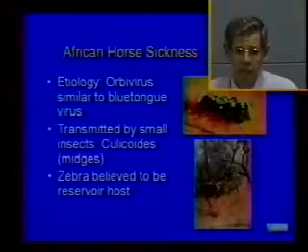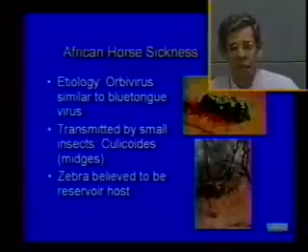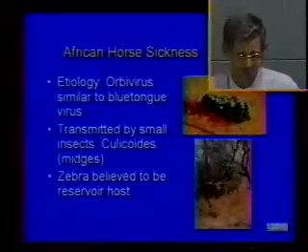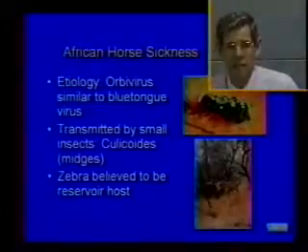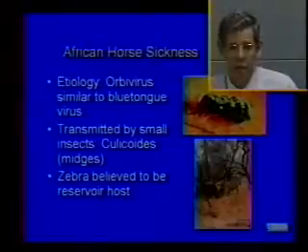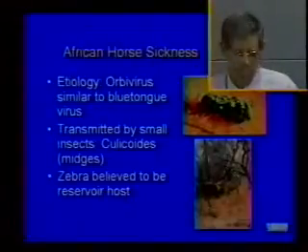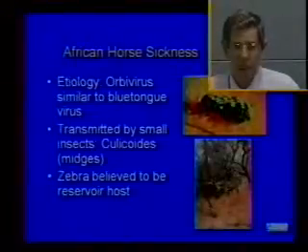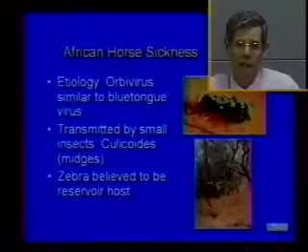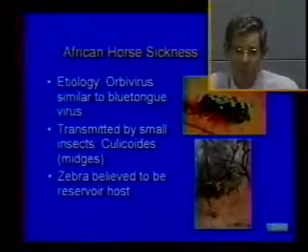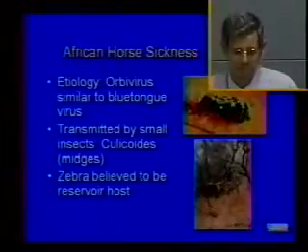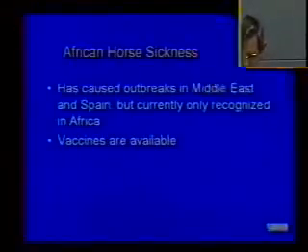And there have been outbreaks in Spain, particularly in the mid-80s, that were attributed to the movement of zebra from South Africa, in fact it was Namibia to be precise, that became infected shortly before they left Africa with African horse sickness virus, and they then were viremic when they arrived in Spain, and the Culicoides present in Spain were then capable of transmitting this disease to domestic horses.